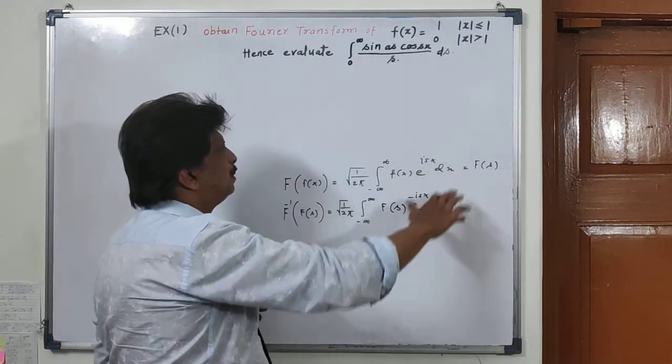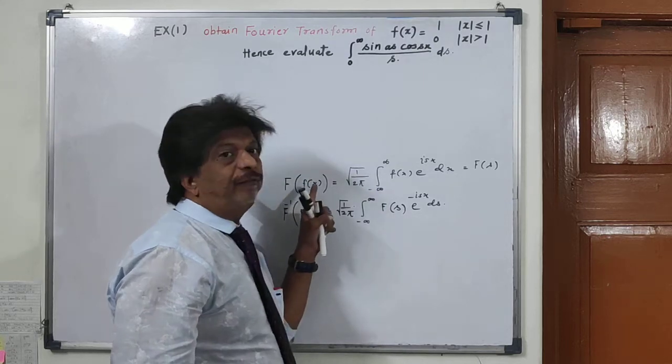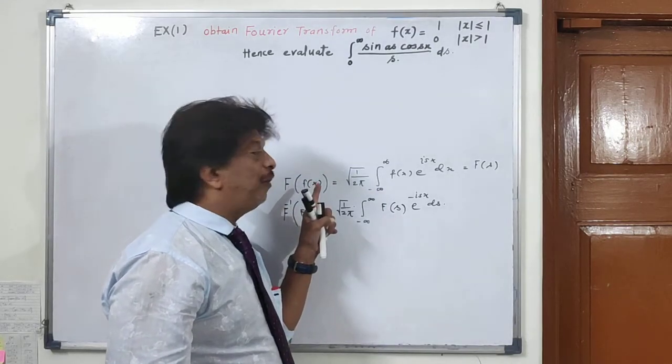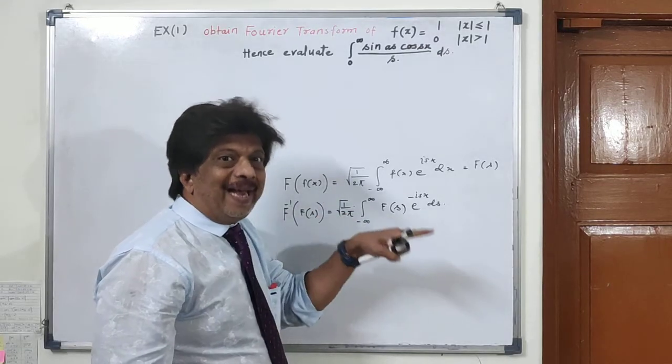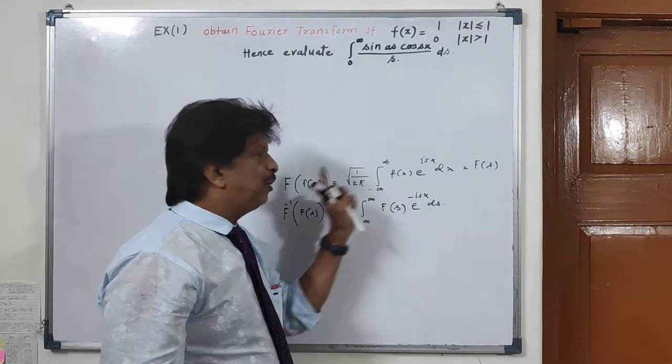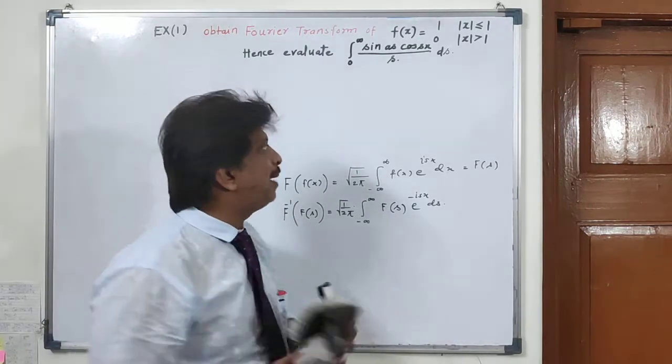So these are the basic formulae of Fourier transform of f of x and inverse Fourier transform of f of s. Subject to these two formulae, we shall solve some examples.